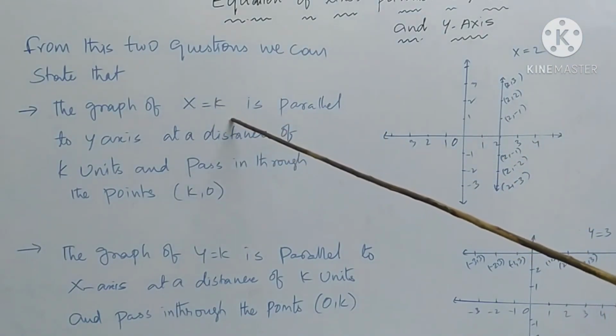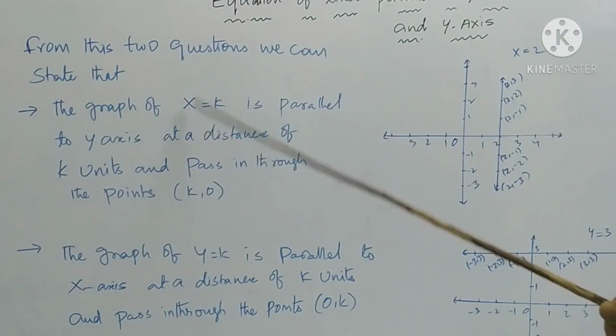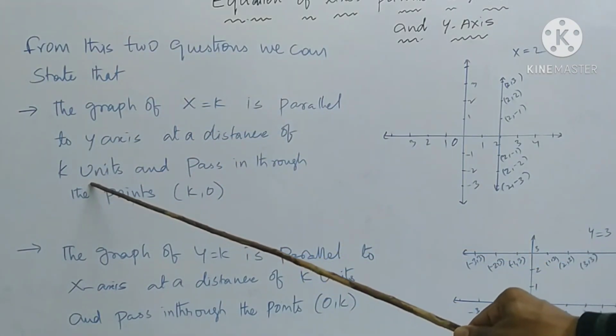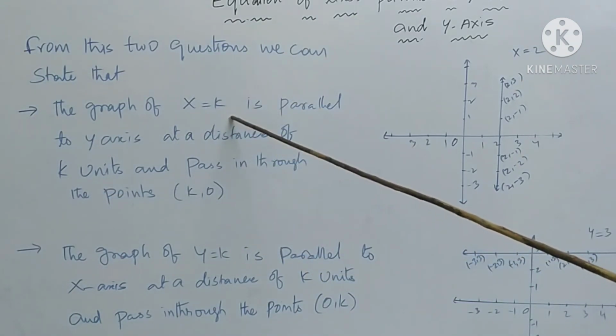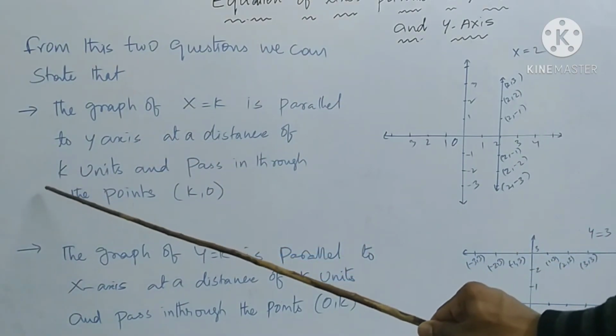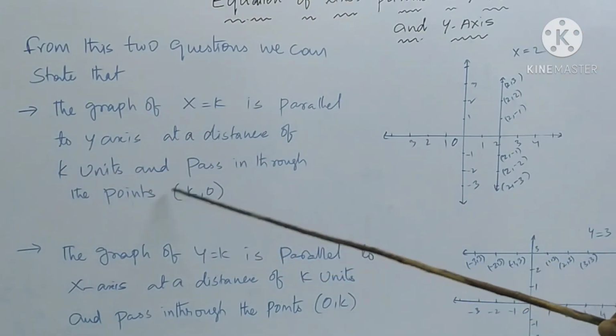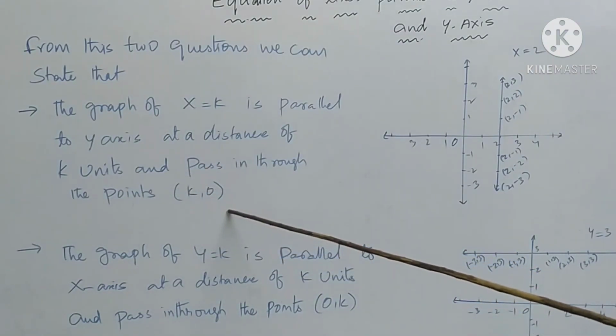Here x is equal to k, so the distance between the y-axis and the graph is also k units, passing through the point k comma 0.